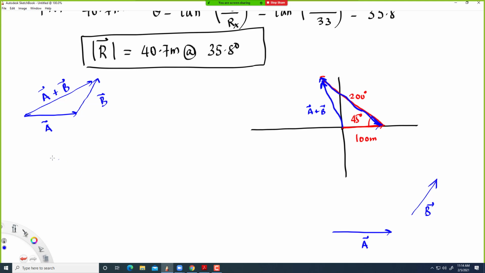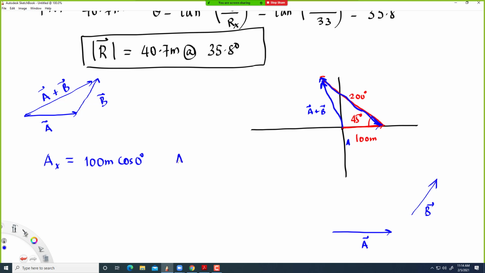For that, we need to first get the components. So Ax, this is A. What's the x component of that? It's 100 meters cosine. What's the angle of this? 0, yeah.